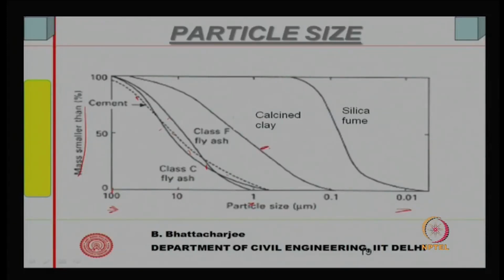Calcined clay is somewhere there, relatively fine, and silica fume is the finest, because almost everything is smaller than, let us say, 0.3 micron or so. So, size wise we understand that among these materials the finest is silica fume and the coarsest would be fly ash, metakaolin will be somewhere in between. All right.